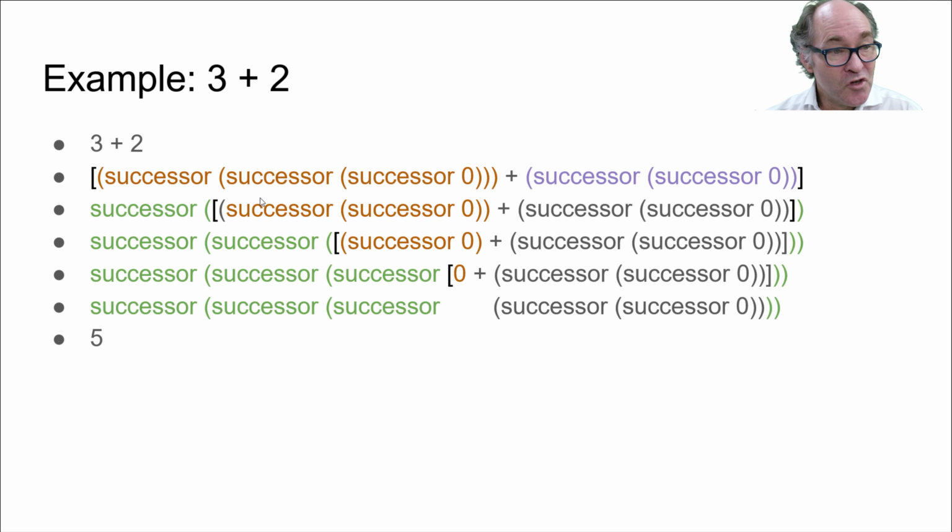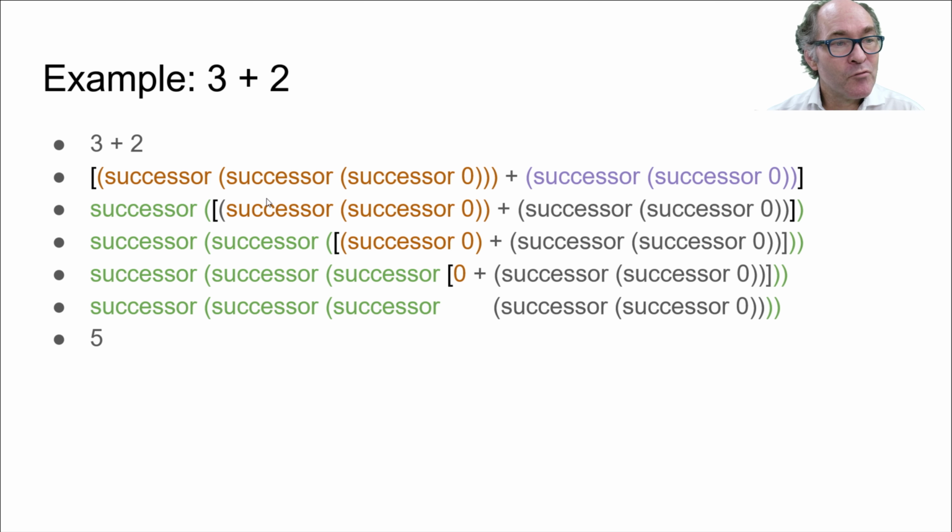Here's the remaining sum inside the square brackets. When we apply our rule to that sum, is the first argument 0? No. It's the successor of something, and the something in this case is the representation of 1, plus m.